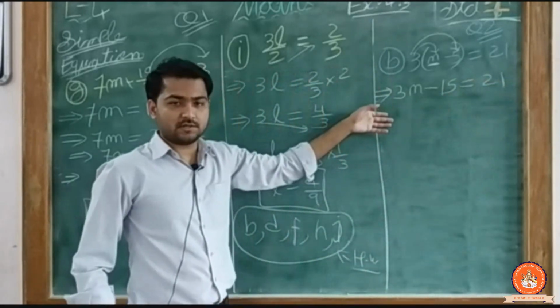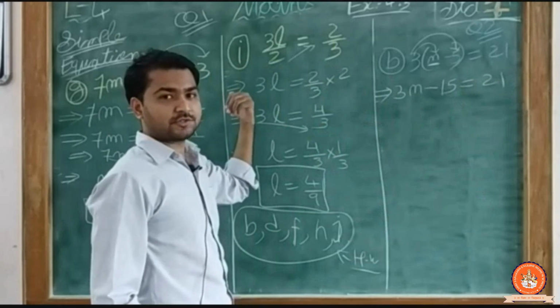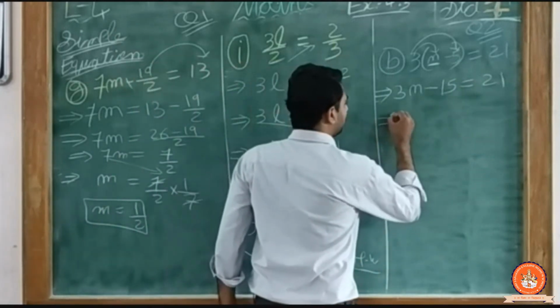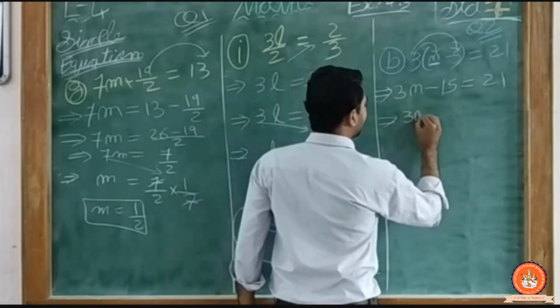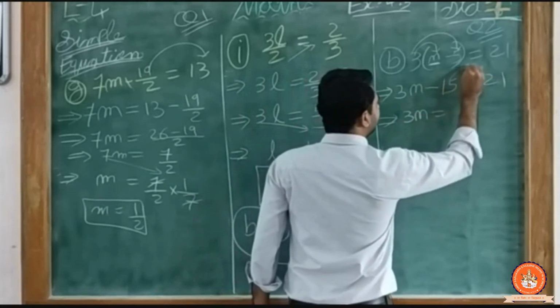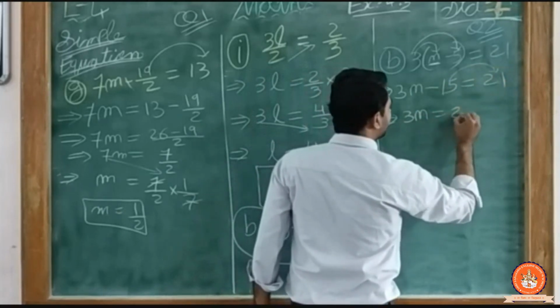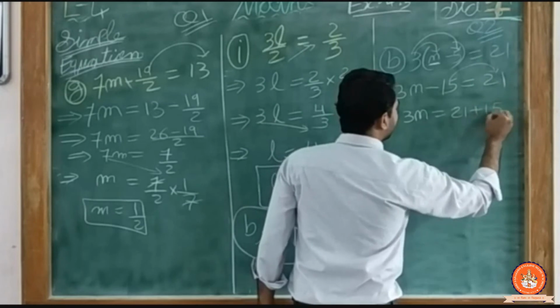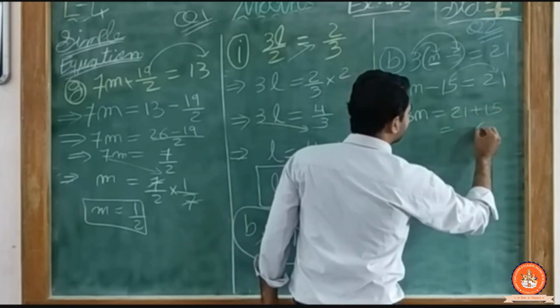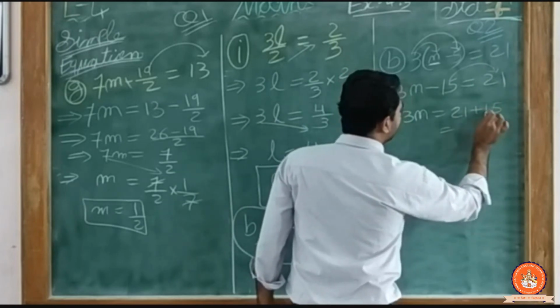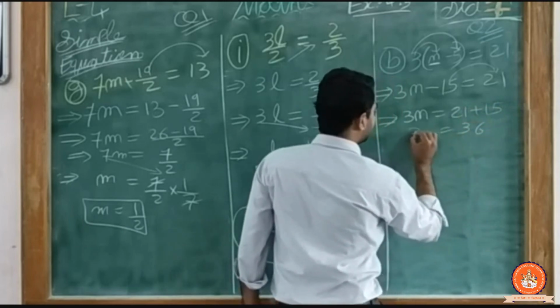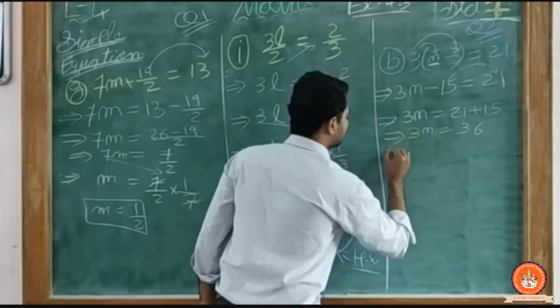Now it becomes a simple equation as you were solving in question 1. So now I have to find 3n. So 3n as it is, this 15 goes onto the right side, so it becomes 21 plus 15. So it becomes 6, 5 plus 1 is 6, 1 plus 2, that means 3, and here is 3n as it is.